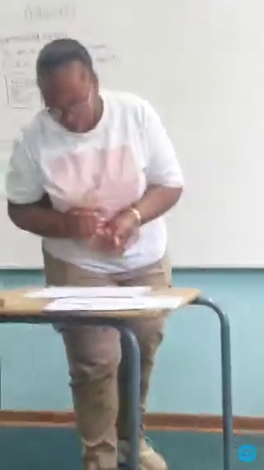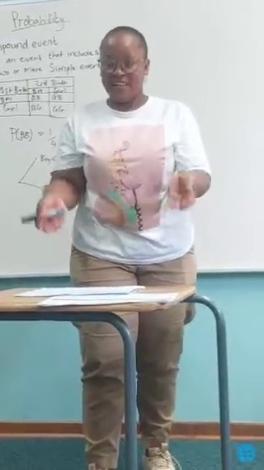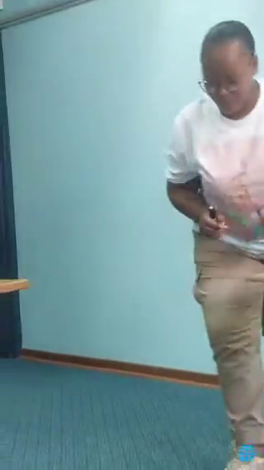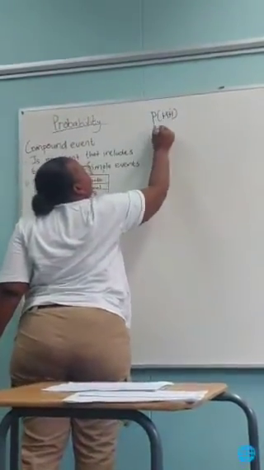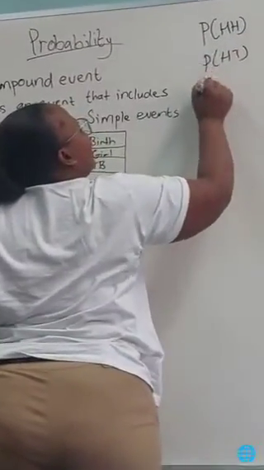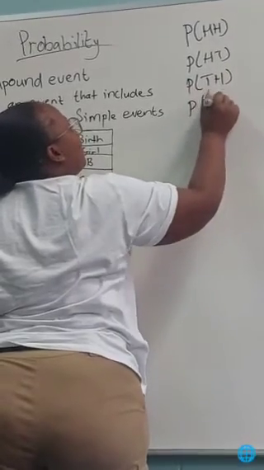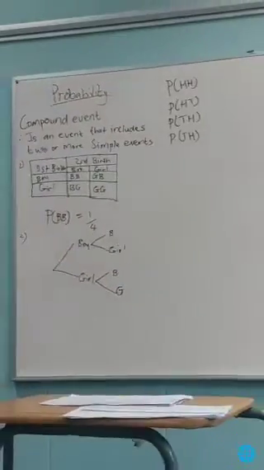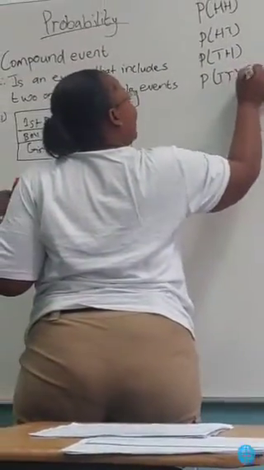So, if I toss 2 coins at the same time, I want you to give me the probability of getting a head and a head, a head and a tail, a tail and a head, and a tail and a tail.